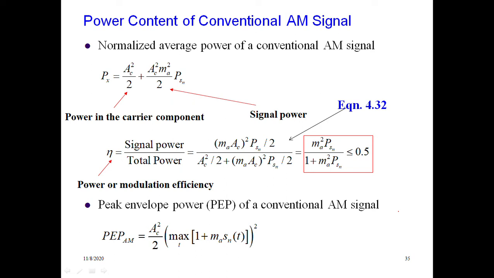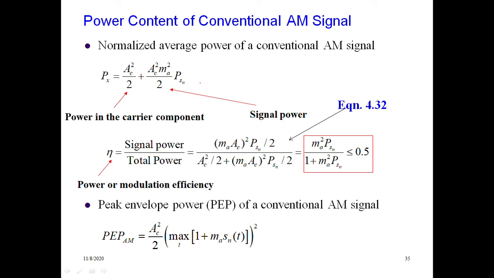Alright, so how about the power content of the conventional AM? We saw just now that to find the power in the SBSC is Ac squared divided by 2 multiplied by the power of the signal.